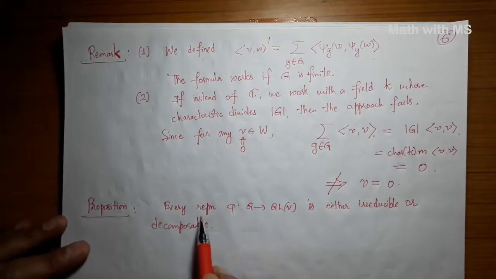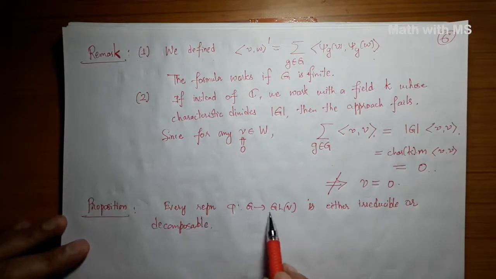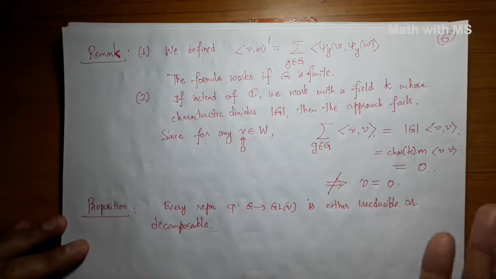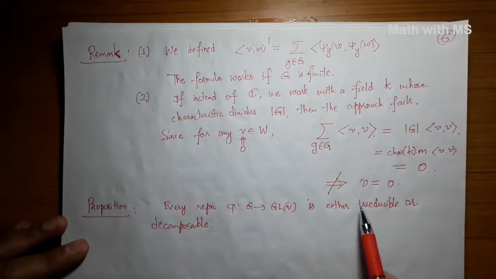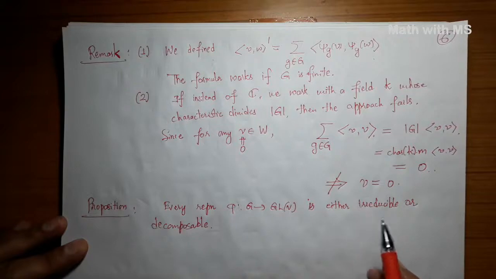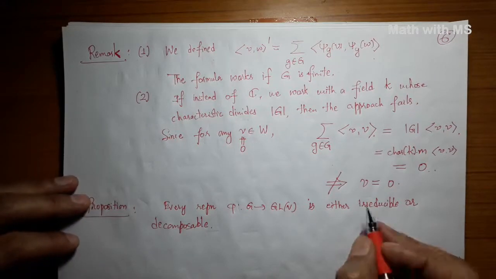Take a representation of your finite group G into GL(V), and we know that every such representation is equivalent to a unitary representation. But for a unitary representation, we know that it is either irreducible or decomposable. And we also know that irreducibility, decomposability and complete reducibility are all invariant under equivalence of representations.